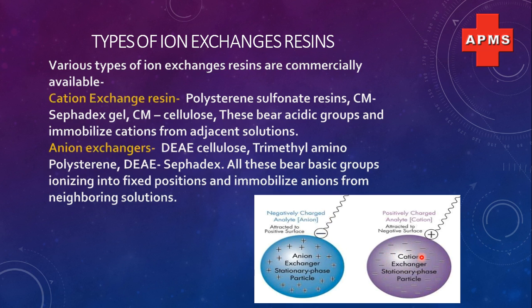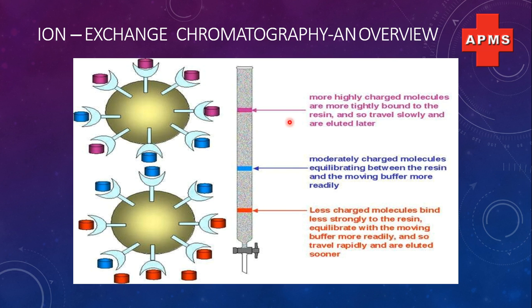In cation exchange resin, the stationary phase property is anionic, and as shown here it is negatively charged, and it attracts or binds these cations from mobile phase. Also this is a diagrammatic view of how different components separate in ion exchange chromatography.